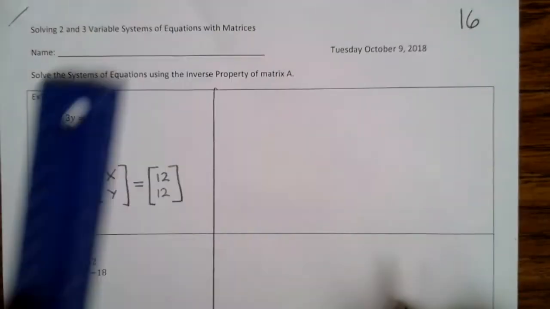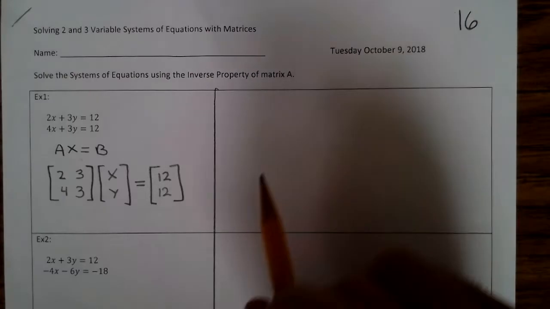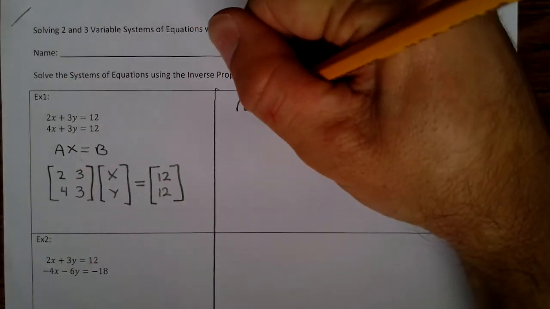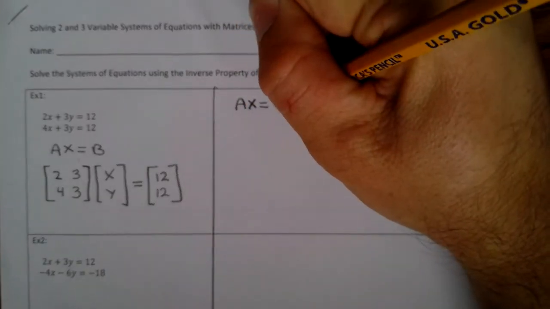All right, so at this point, what we need to do is multiply. We'll take AX equals B, and we need to multiply A inverse by both sides.